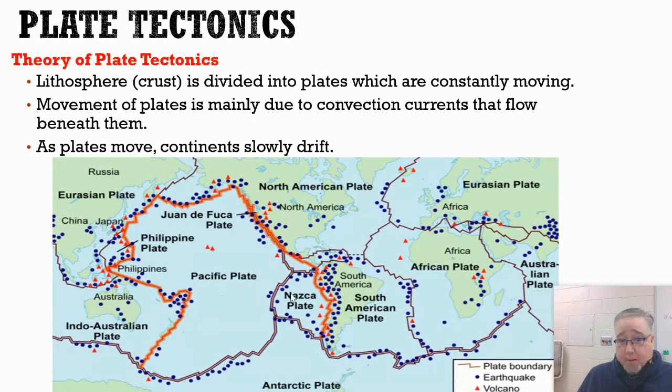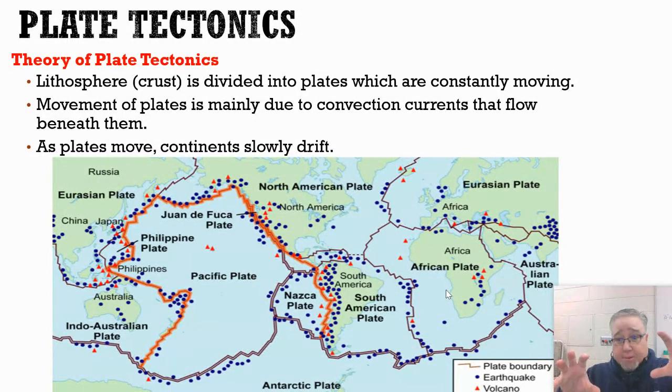But all of these plates, for example, we have what we call the North American plate. The entire continent of North America sits on it. Some of it's in the ocean, some of it is above the ocean. We have what we call the African plate, where basically the whole continent of Africa sits on top of this plate.